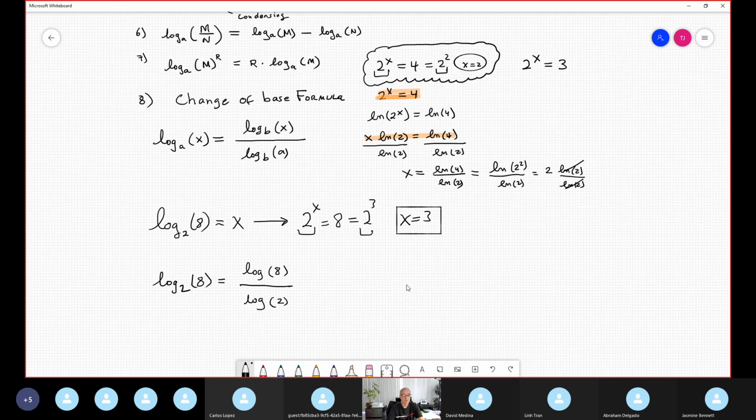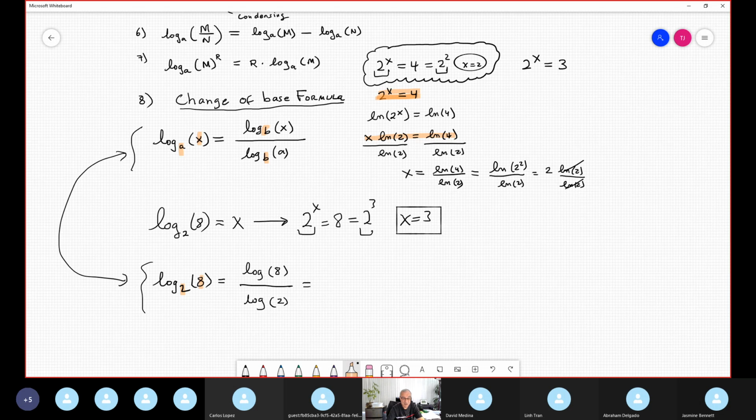which is the base. Okay, let me try to understand that part and that part. In the change of base formula, we have two bases. The original base a, in our example, is 2. x is 8. On the right-hand side, we have another base, b.